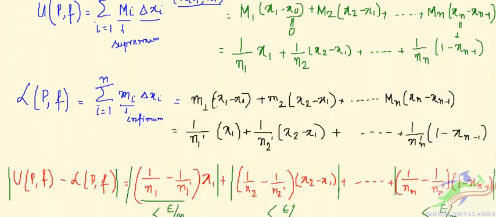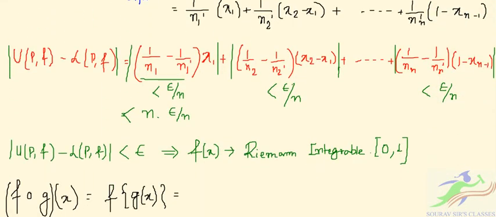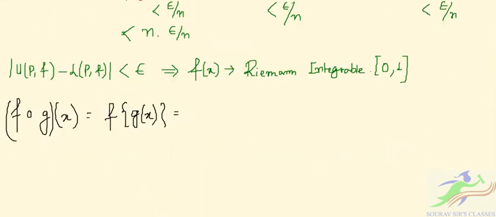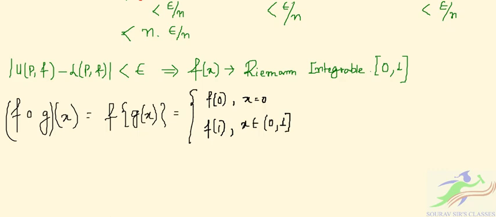So how will we write this? It will be f of 0 for x equal to 0 and f of 1 when x belongs to the semi-closed interval (0,1].